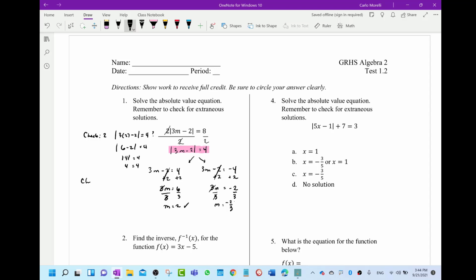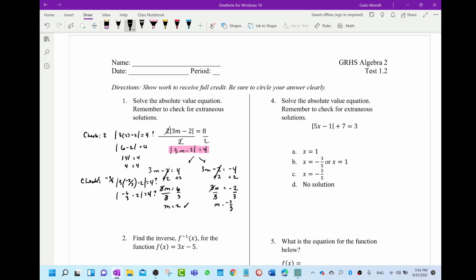Now we're going to check negative 2/3. So what I've got is absolute value of 3 times negative 2/3, minus 2, absolute value equals 4? Well, let's see, 3 times negative 2/3 is negative 6 over 3, minus 2, absolute value equals 4?